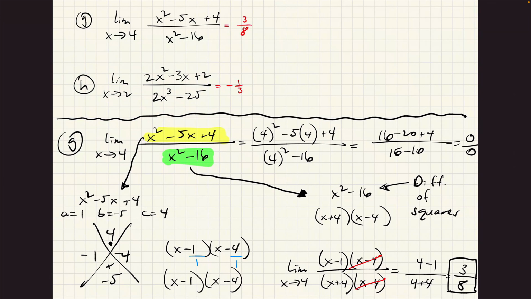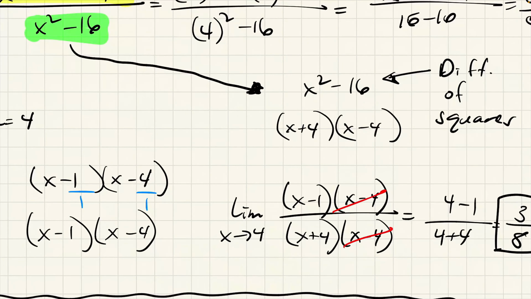All of these numbers are perfect squares, and they all have a minus in the middle: difference of squares. It's a little shortcut. So x plus 4, x minus 4. Cancel out the x minus 4 and x minus 4. Then I just plugged in 4 minus 1 over 4 plus 4, and I get 3/8.